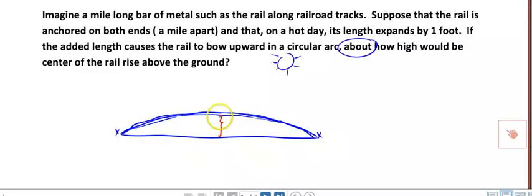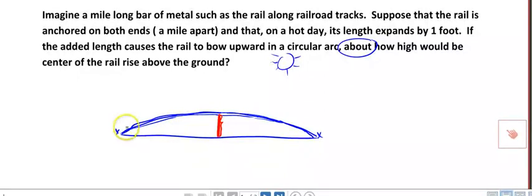What I notice is I'm trying to find this height in the center, and if I look at this height and the bottom of the rail, it forms a 90-degree angle. And I know if I can form a 90-degree angle, I might be able to form a right triangle. And right triangles are easy to work with because we've got a good old Pythagorean theorem to work with. That's an easy formula to work with.